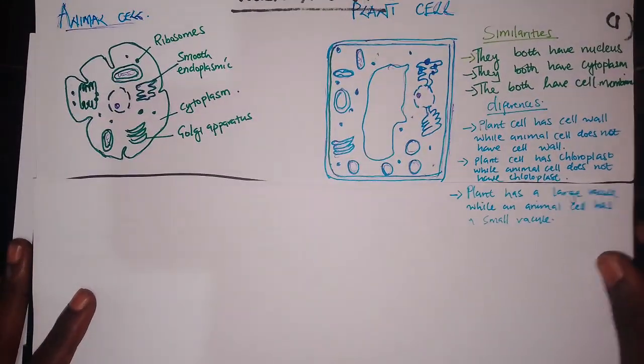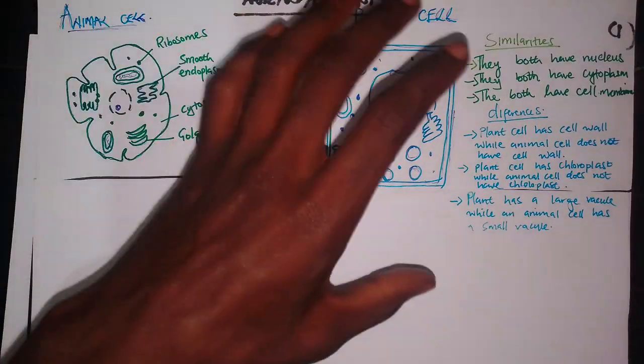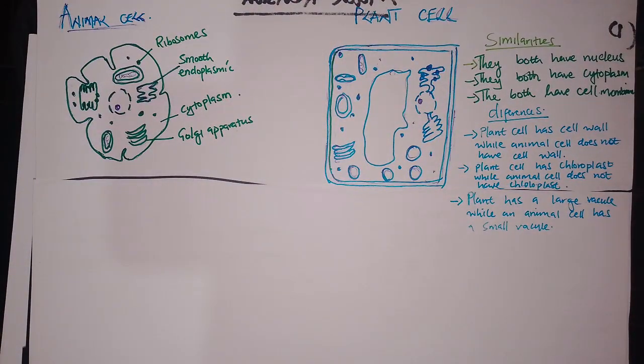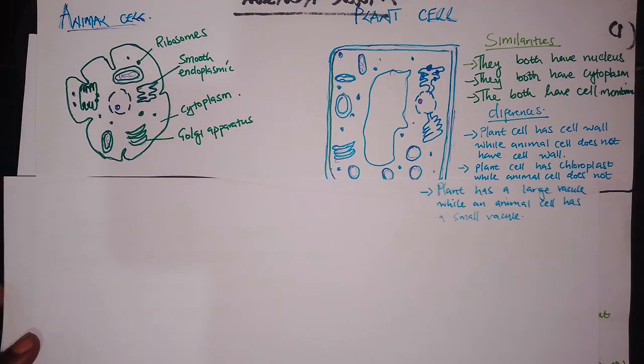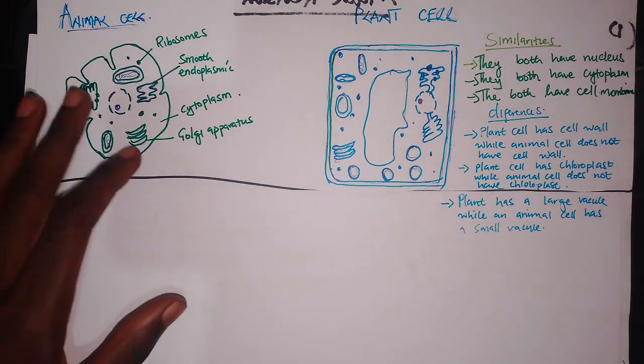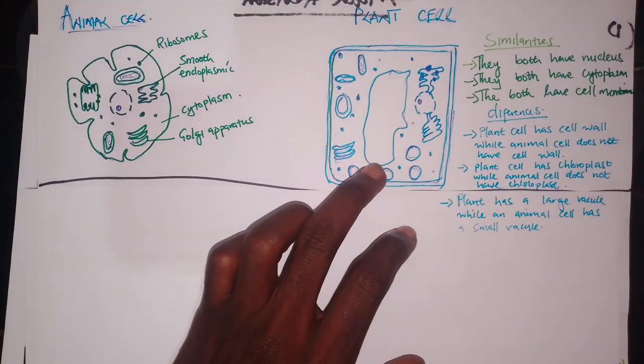When we look at these two diagrams, we can see that we have an animal cell and a plant cell.